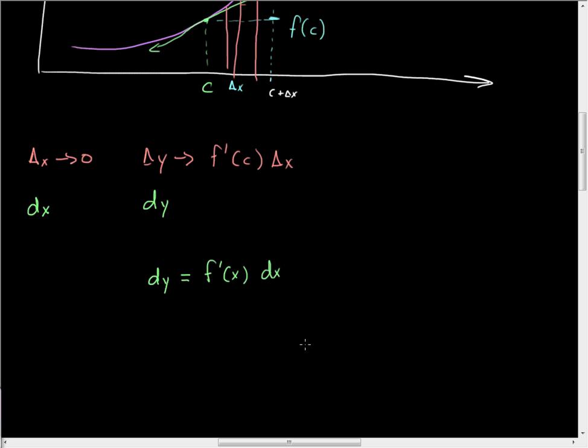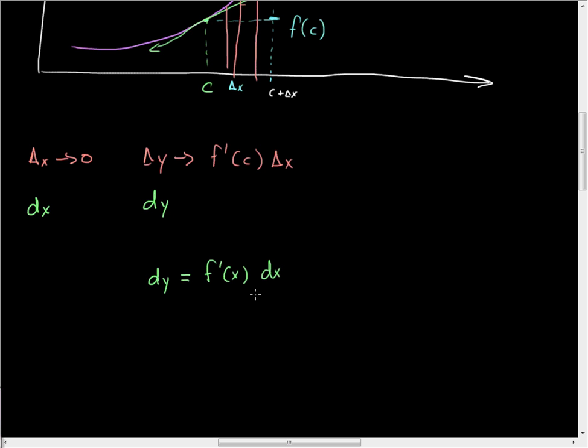Okay, so how much y changes depends on the slope of the function at that point and how much x changes. This is assuming that this difference in x is squeezing down to 0. And so if you're talking about big changes in x, you can't use differentials. You need little changes.